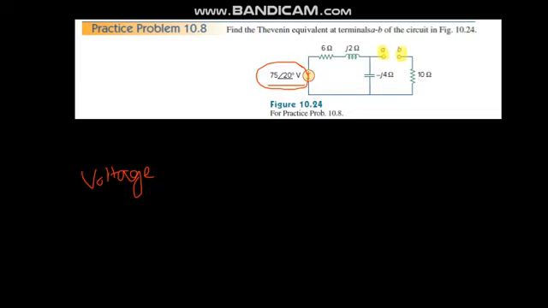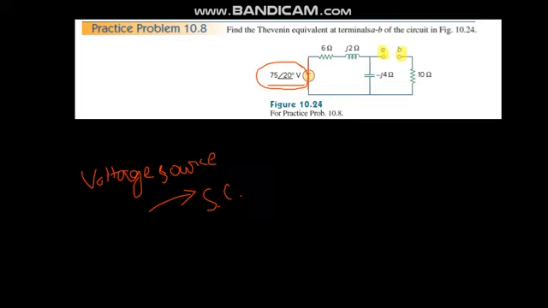If it is a voltage source, it will be short circuited, so you have to connect it together. If it is a current source, it will be open circuit. Okay, that is a major difference.